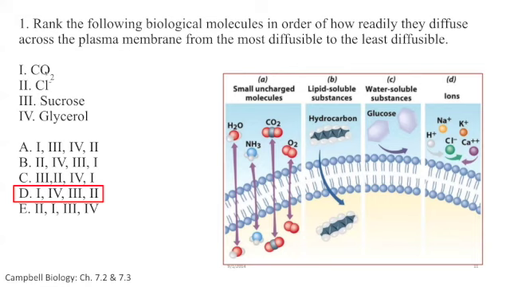And then it'll be glycerol, because that's a hydrocarbon, basically. And then it'll be sucrose, and then it'll be ions. And if you need to review this, it's chapter 7 in Campbell.